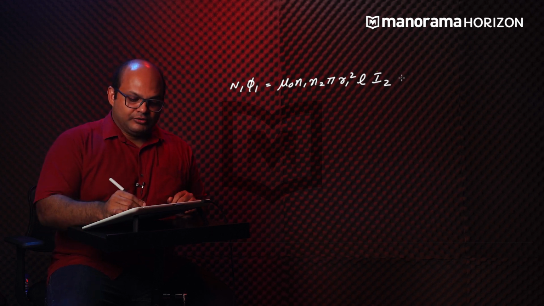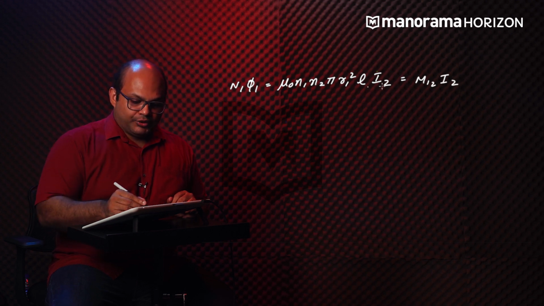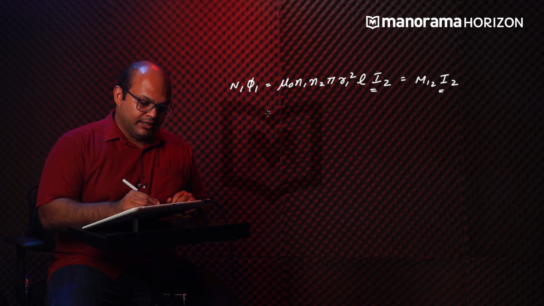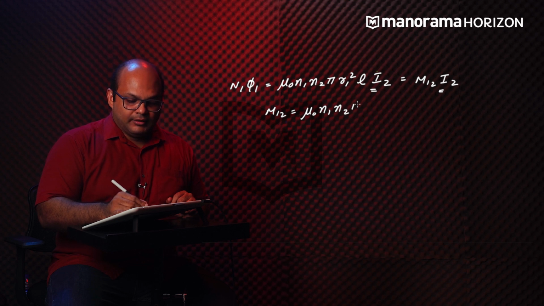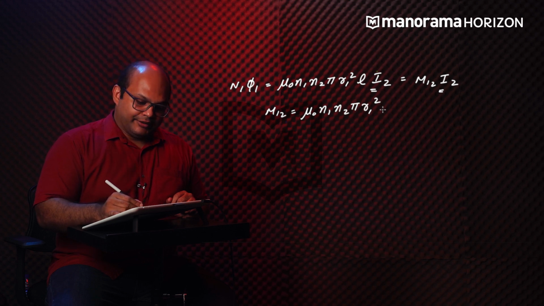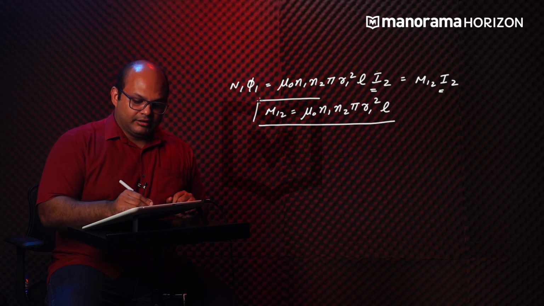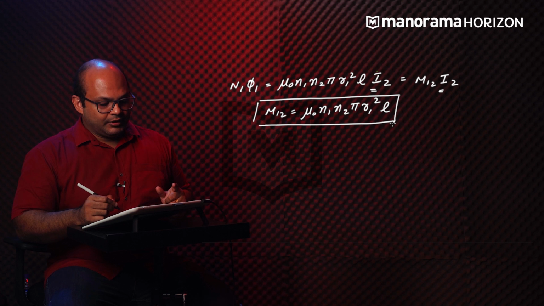Now this is equal to M12 I2. So here we see that I2 is common to both these sides. We can cancel that out, which gives us M12 is equal to mu naught N1 N2 pi R1 squared L. So this gives us the mutual inductance of coil S1 with relation to coil S2.